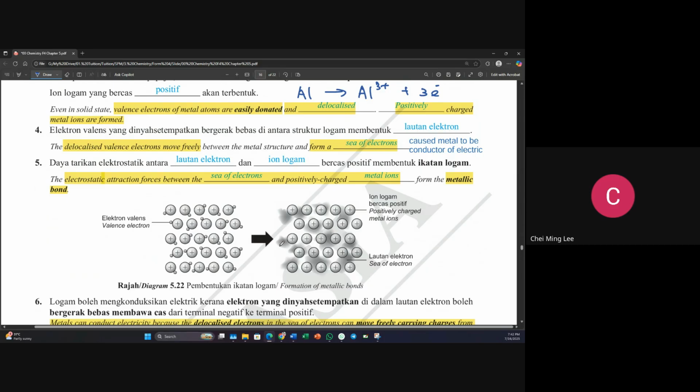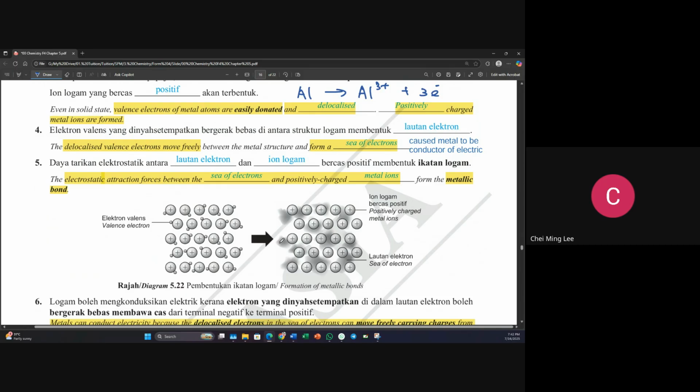Can you understand? The electron field is actually called an electrostatic field caused by electrons, because the movement of electrons will generate electric current.